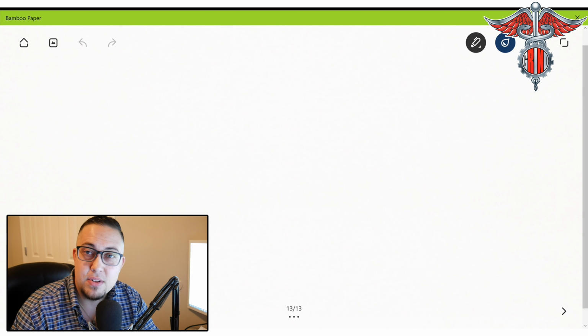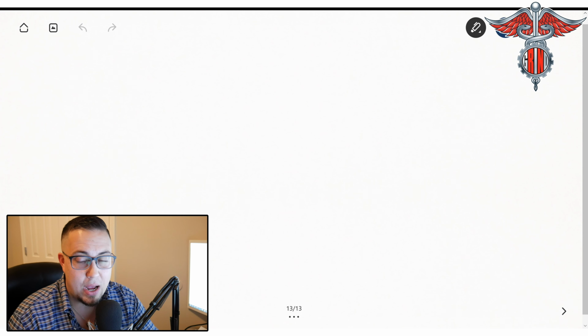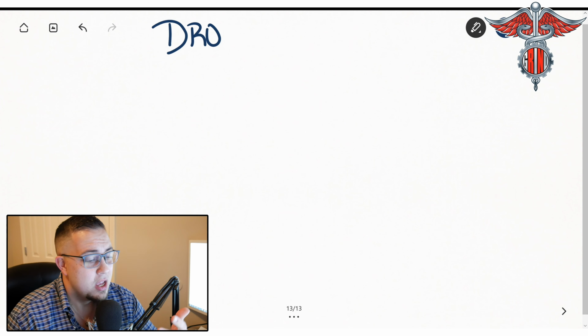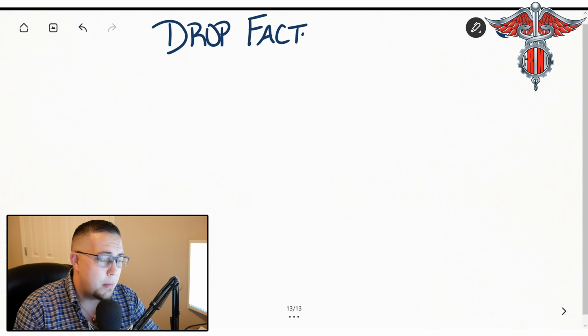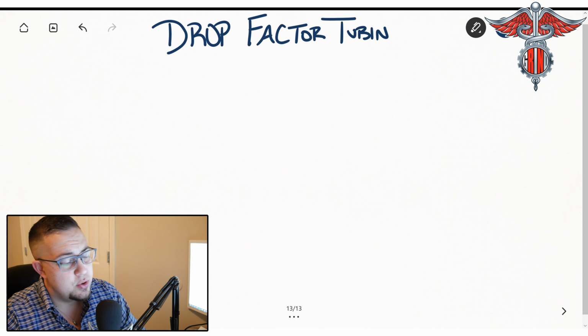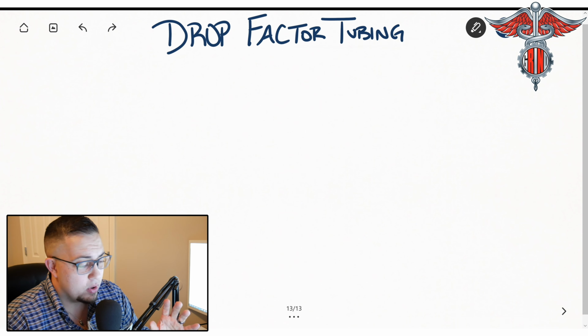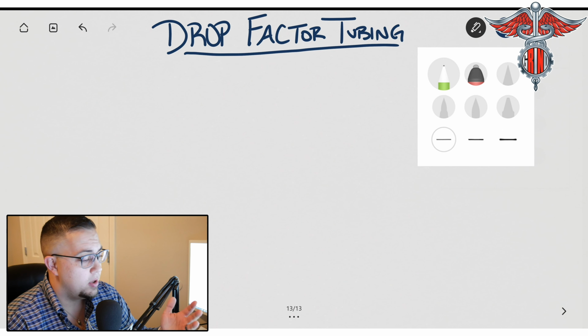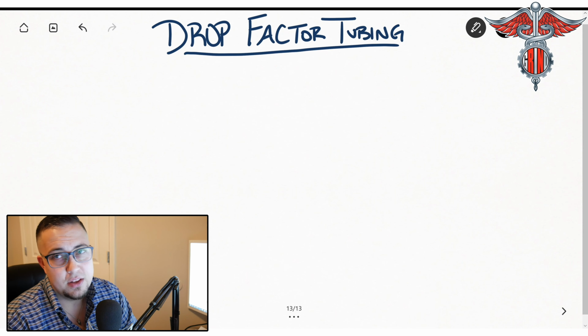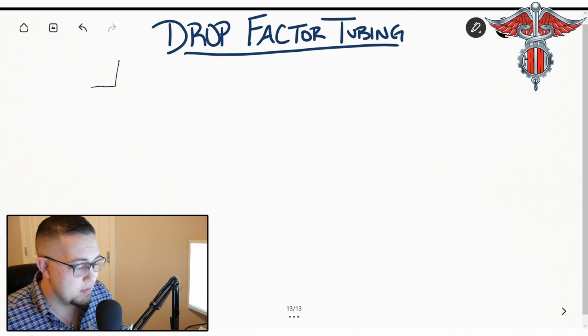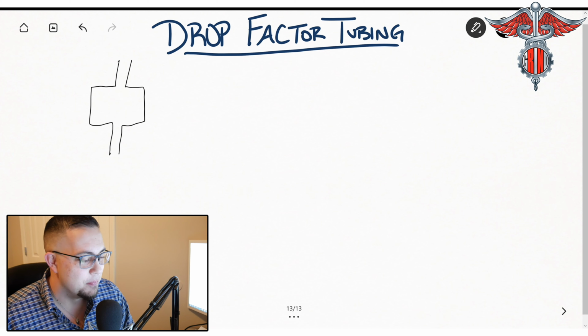So what are we even talking about when we're talking about drop factor dosage calculation questions? What is a drop factor? We're actually talking about drop factor tubing. Now, as you can see here, we're drawing some tubing with the chamber, and you can see the little drop of normal saline or whatever that is coming down into the chamber.